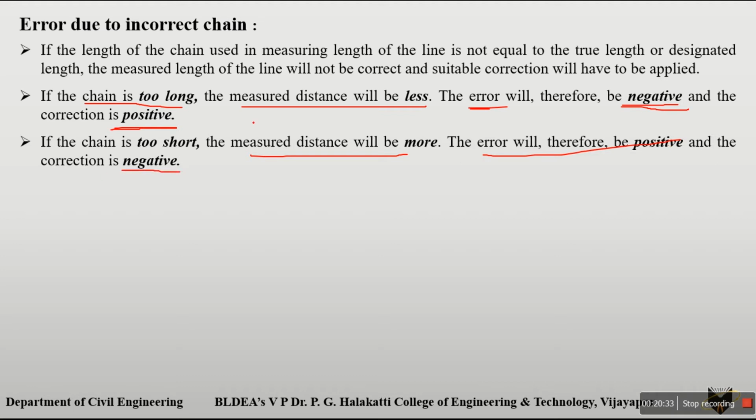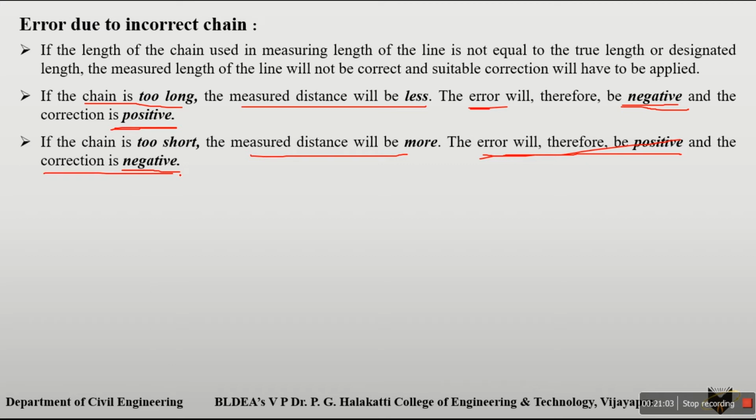Remember that. If the chain is too long, the distance will be a lesser value, the error will be negative and the correction positive. Similarly, if the chain is too short, the measured distance will be more than the actual length of the line, the error is considered positive, and the correction is negative.